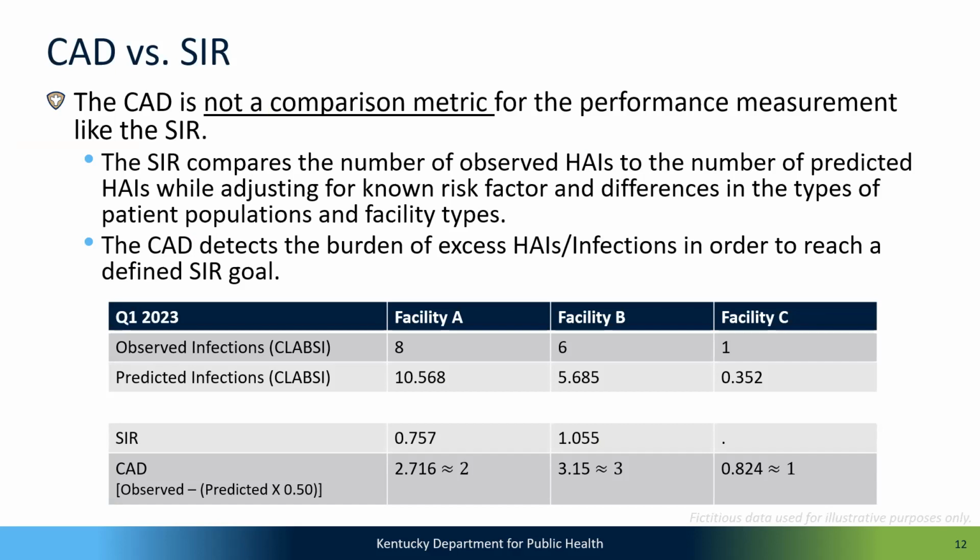On the other hand, the CAD focuses on detecting the burden of excess HAIs or infections. This metric is crucial in helping us reach a predetermined SIR goal. By pinpointing locations with a higher than expected burden of infection, the CAD helps us tailor interventions to efficiently close the gap between the observed and expected infections.